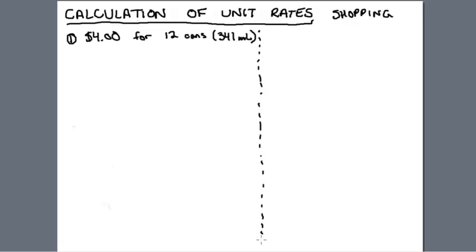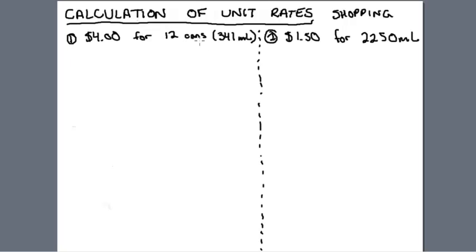Option 2 was a bottle of pop. It was $1.50. And in it, you got 2,250 mils.